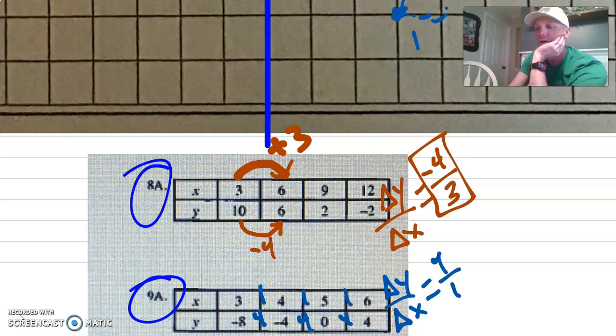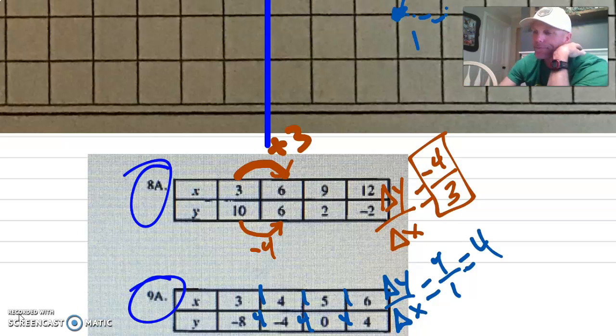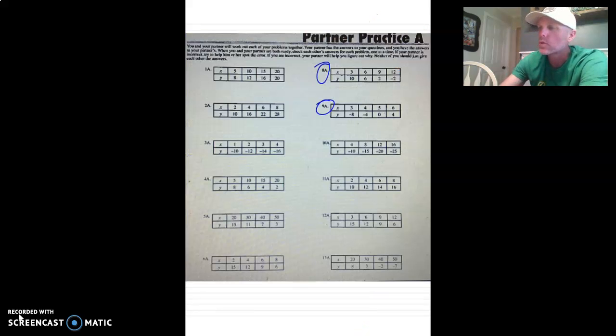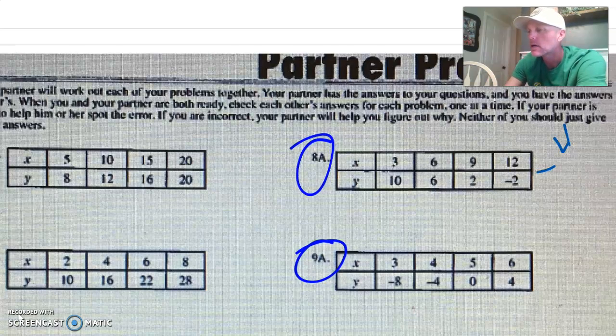The x by 1. So, what is that the same as? 4 over 1 is the same as 4. So, you may find that you like the table better. Maybe it takes a little bit less work than the graph. Alright, so negative 4 thirds and 4.